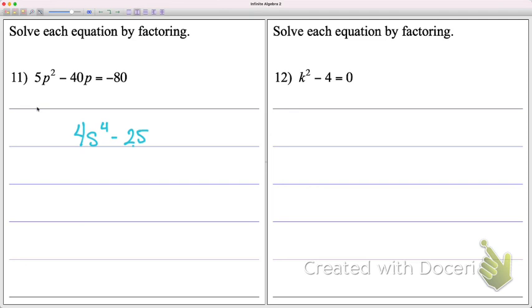Yes. Okay, so what's the square root of 4s to the 4th? 2s squared. Minus 5. I'm making a new problem. Okay, one's plus, one's minus. What's the square root of 25? 5.